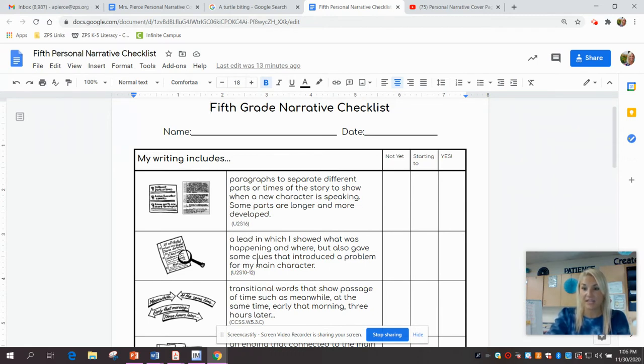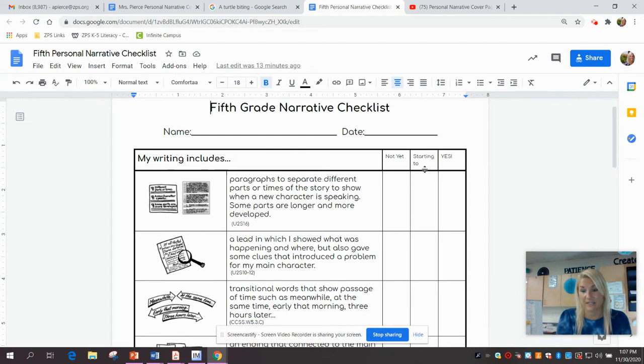So today you need to find your personal narrative checklist in your folder and make sure that you've done all of these things in your personal narrative, because this is how we will be grading you. My writing should include the following. I'm going to read through these, and then Mrs. Kuman and I will be saying, nope, I don't see that they have this in their writing, or they started to, but it's not perfect yet.